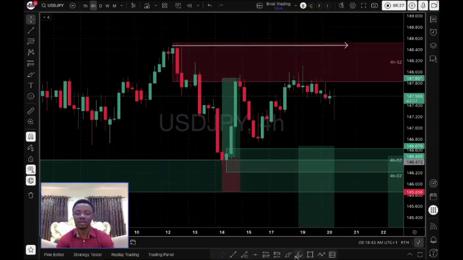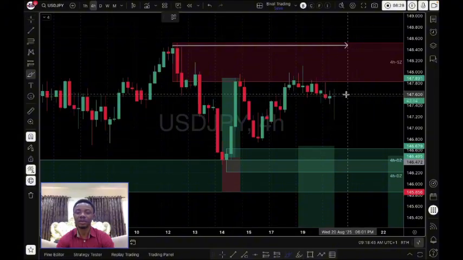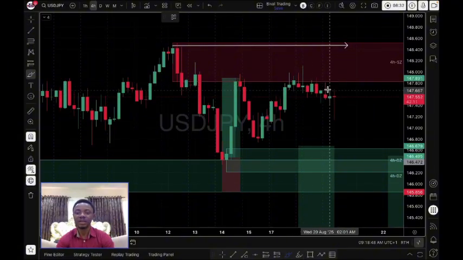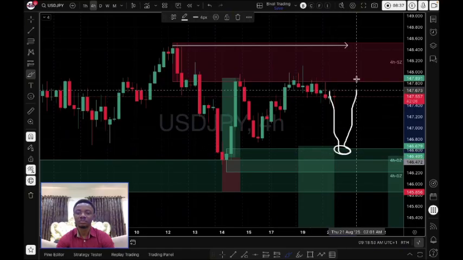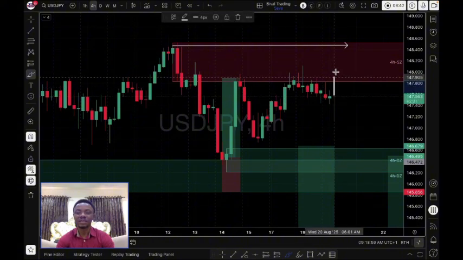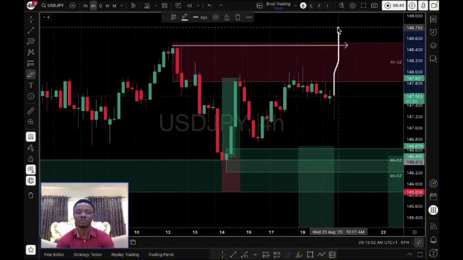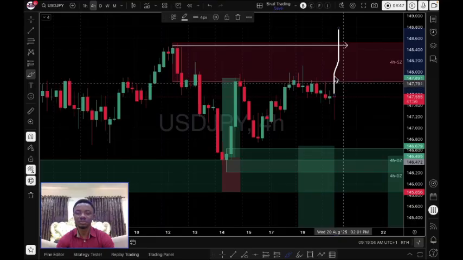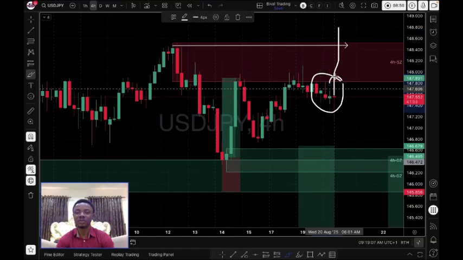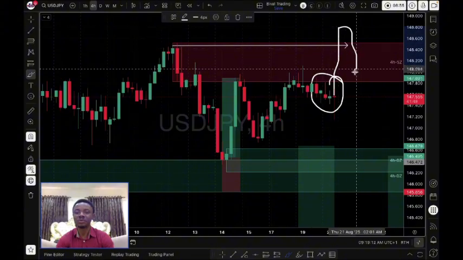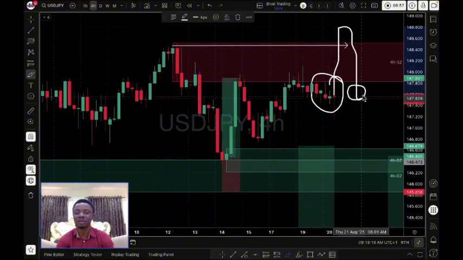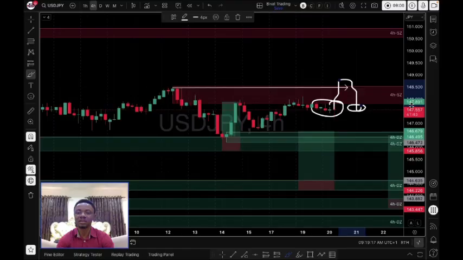So I said last week that on USD JPY I'm hoping to see market either trade back into this demand zone, then I'll take a long targeting that high, or I was also hoping to see if market can take out this supply zone, liquidate this supply zone, creating a new demand zone. Any new demand zone that will lead to that supply zone being taken out is where I will position myself to take a long. And if I take that long, where will I target? This supply zone up here.